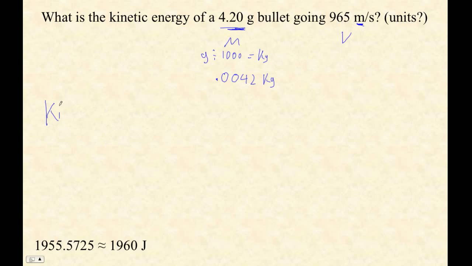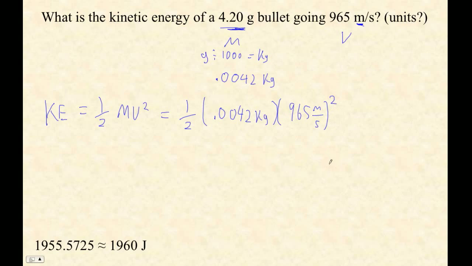So kinetic energy is 1/2 mv squared. So it's 1/2 times 0.0042 kilograms times 965 meters per second, squared. So 0.5, oops, got to turn the calculator on, 0.5 times 0.0042 times 965 squared is the answer down here.